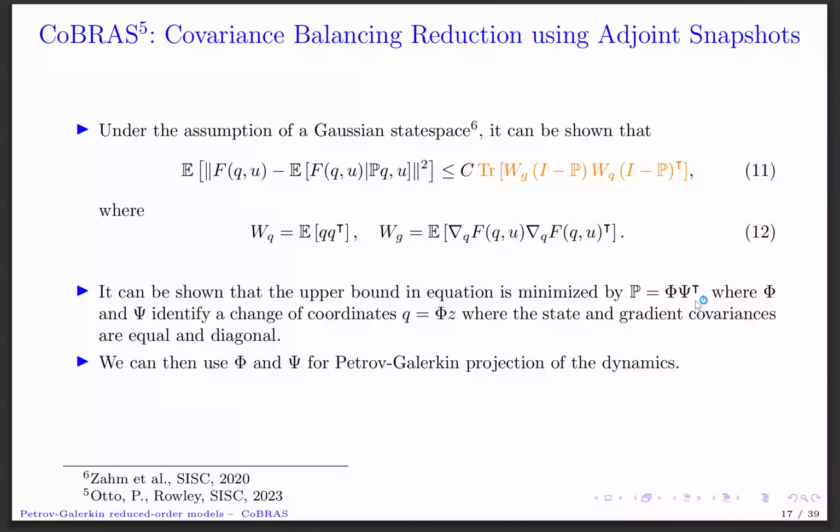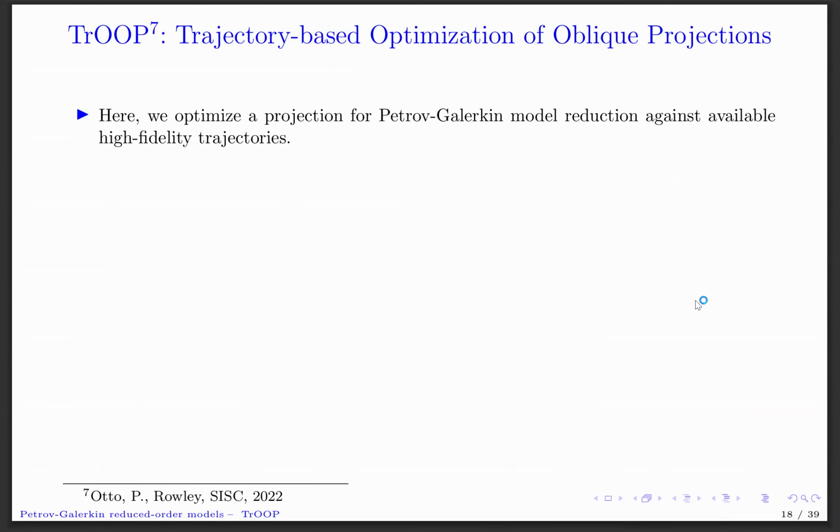And then it's quite easy to truncate. By defining P as follows, using phi and psi, the optimal phi and psi give us encoders and decoders that we can use for Petrov-Galerkin projection of the dynamics. So that's the first method, and I'll show results in a second.